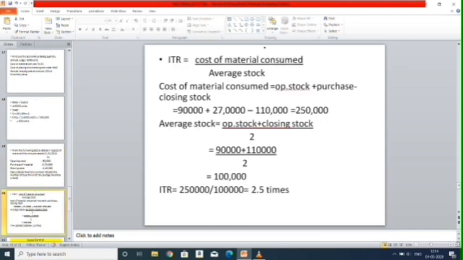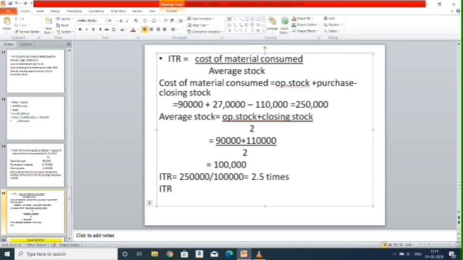Then ITR in days is equal to 365 days in a year divided by 2.5. That's equal to 146 days.